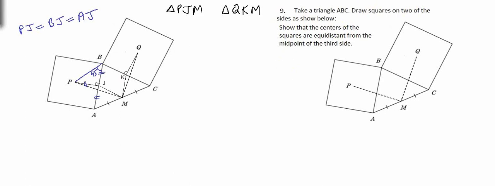Likewise, QK is perpendicular to BC, and by symmetry it can be shown that K is the midpoint of BC.